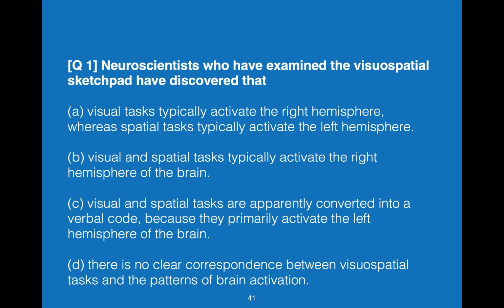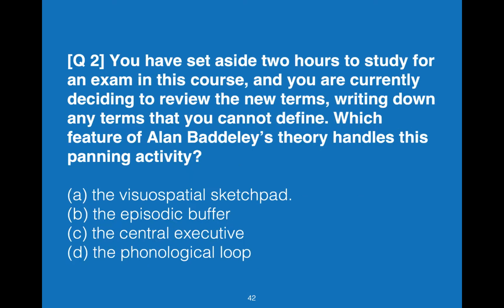The first quiz: neuroscientists who have examined the Visuospatial Sketchpad have discovered that what is the characteristic of a Visuospatial Sketchpad? You can find the answer in the previous slide. You have set aside 2 hours to study for the exam in this course, and you are currently deciding to review the new terms, writing down any terms that you cannot define.